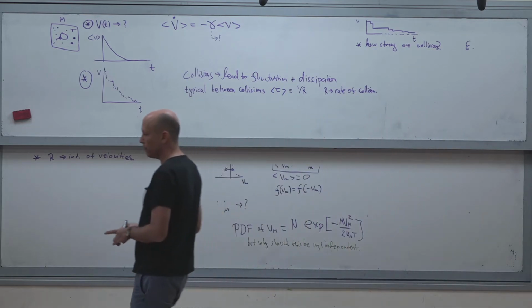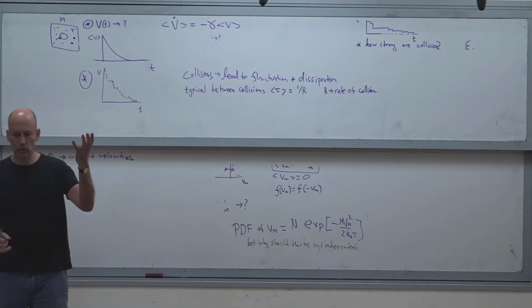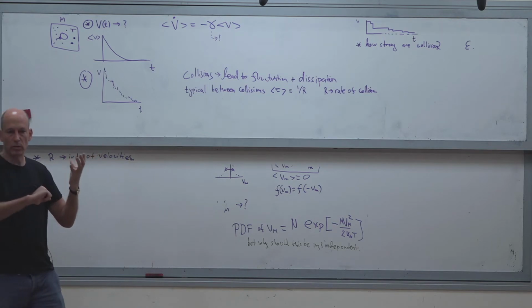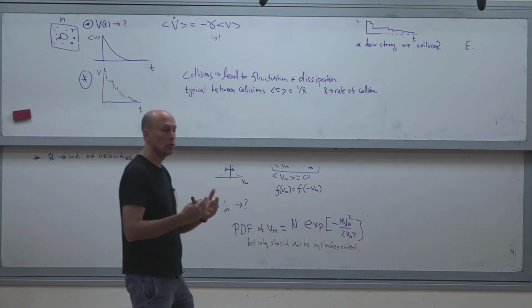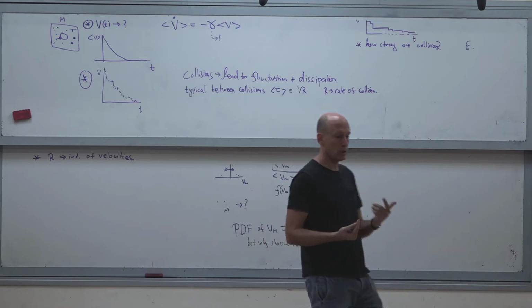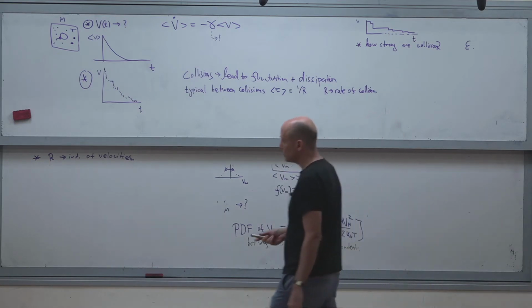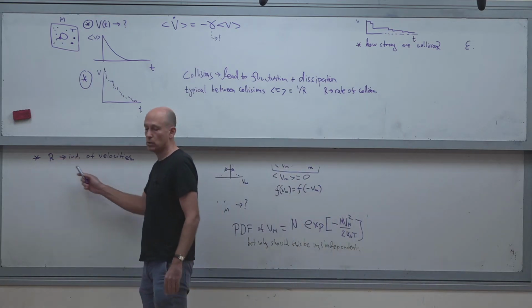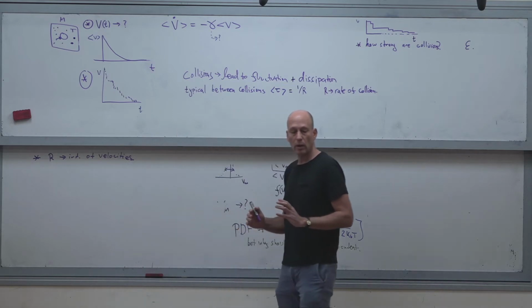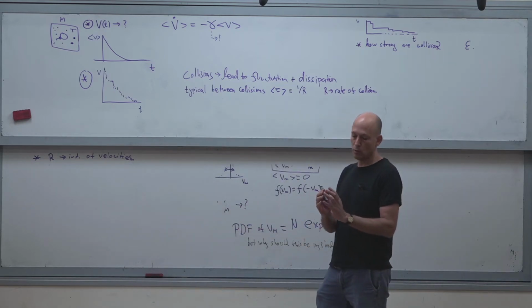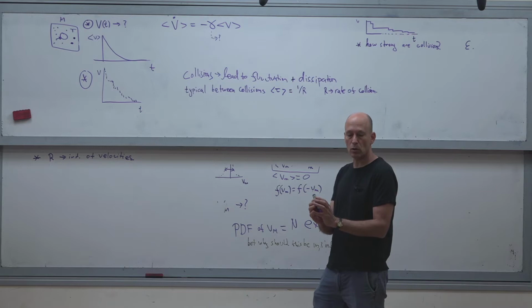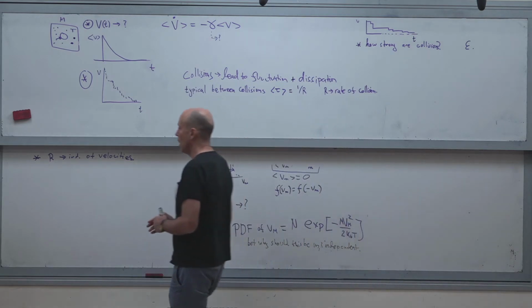You can imagine if you have a very high velocity, you are moving very fast in the gas, you collide more. So the rate of collision depends on your velocity. Here we're going to assume that this rate is independent of velocity. This is actually valid when you move very slowly. And this is also what I'm going to assume soon.